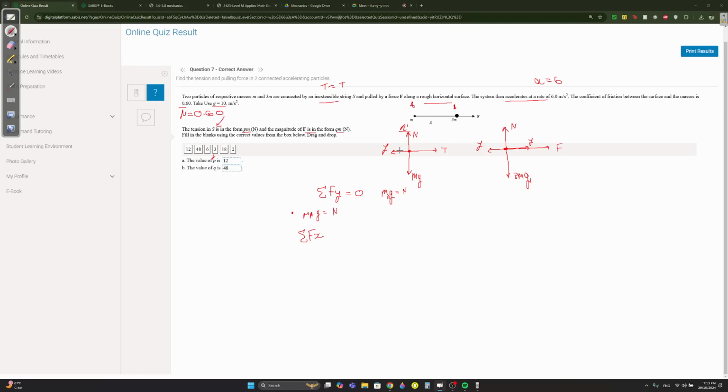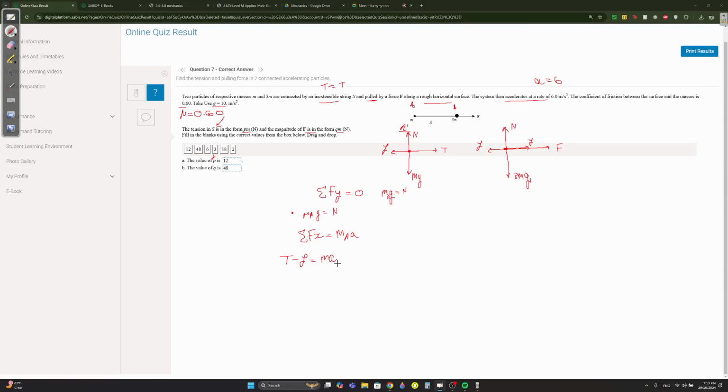Is it moving left and right, or is it at rest? It's moving, right? Because it's being pulled. So it's equal to the mass of block A times the acceleration. What horizontal forces do I have? T and friction. Since it's moving to the right, T is greater than friction, so T minus friction is equal to the mass of A, which is just m.